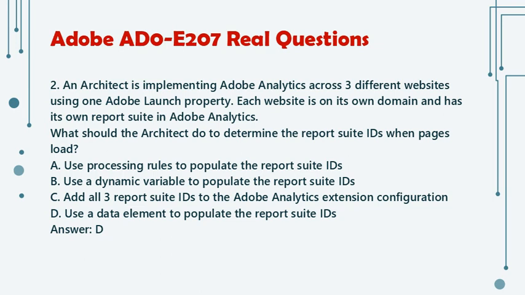A. Use processing rules to populate the report suite IDs. B. Use a dynamic variable to populate the report suite IDs. C. Add all 3 report suite IDs to the Adobe Analytics extension configuration. D. Use a data element to populate the report suite IDs. Answer: D.